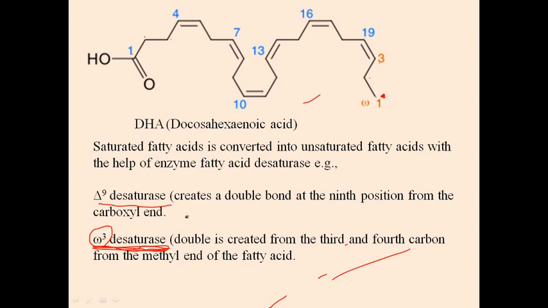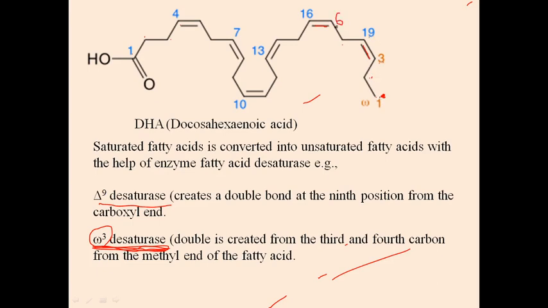Whatever desaturase creates a double bond from the last position: if the enzyme creates a double bond at position 3 from here, the enzyme will be called omega 3 desaturase. If the enzyme creates a double bond at position number 6, 1, 2, 3, 4, 5, 6, the enzyme will be called omega 6 desaturase.